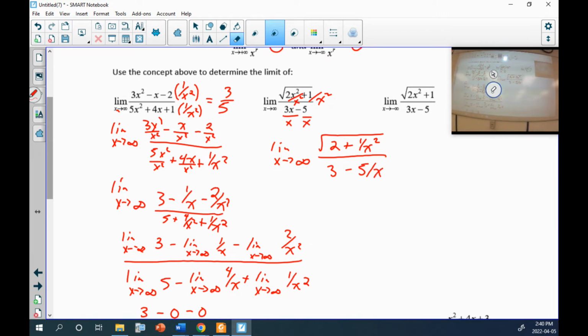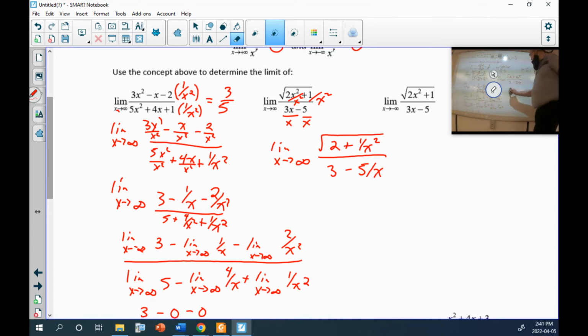Now, what happens as I plug a large number in for x? Be more specific. The limit of 1 over x squared as x approaches infinity is 0. The limit of 5 over x as x approaches infinity is 0.